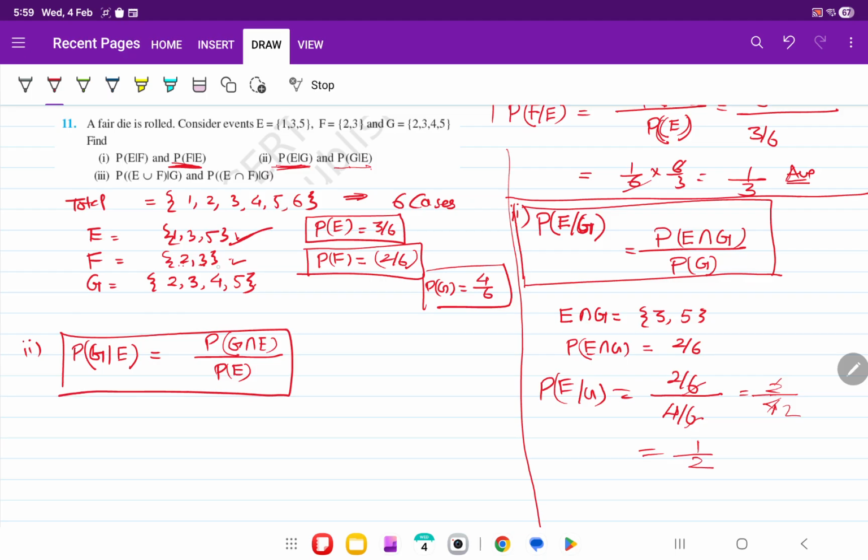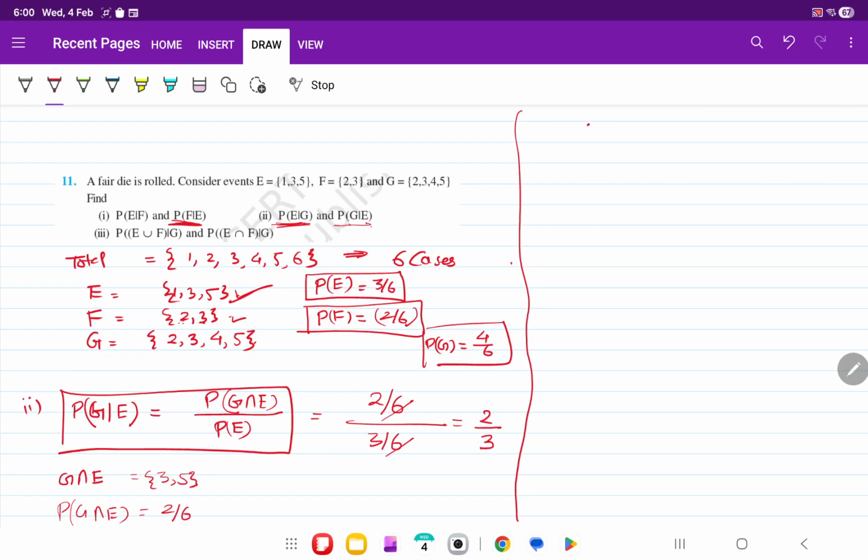So what is the common event between G and E? Here 3 and 5 are common, correct? So the probability of G intersection E will be 2 by 6, because 2 events are common out of 6. So the formula will be 2 by 6 divided by P(E), which is 3 by 6. So the answer will be 2 by 3, because 6 and 6 cancel.